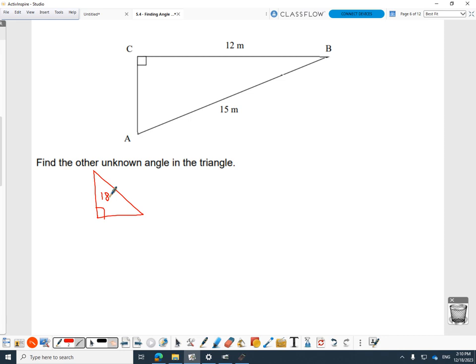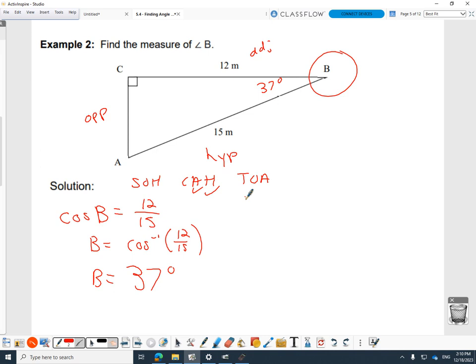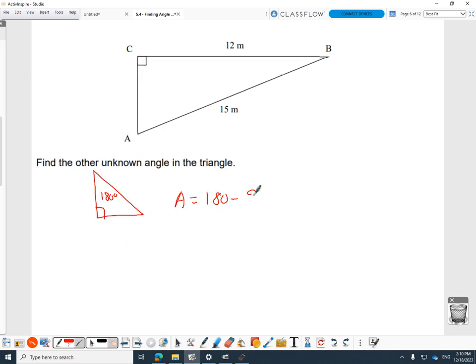Just a triangle with a 180 in the middle of it. Nice visual for you. There's visual learners out there who are like, once I see it, then I'm good. Yeah? There. A equals 180 minus 90 minus 37. If you type in your calculator, you'll get 53 degrees.